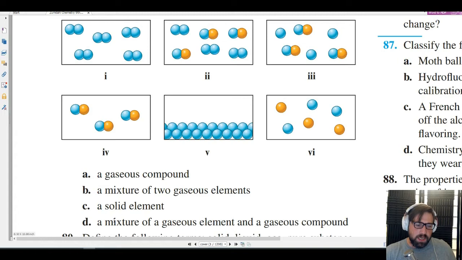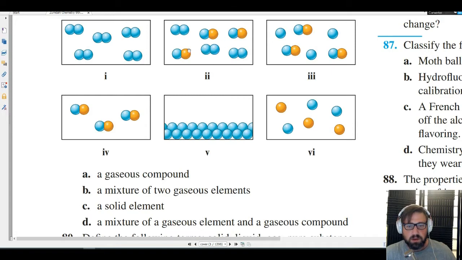All right, a mixture of a gaseous element and a gaseous compound. So this is not a compound because these two things are the same, blue and blue. Here we have a gaseous compound, blue and gold, and a gaseous element.